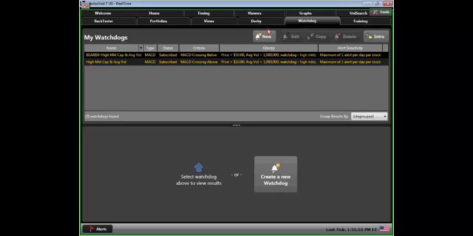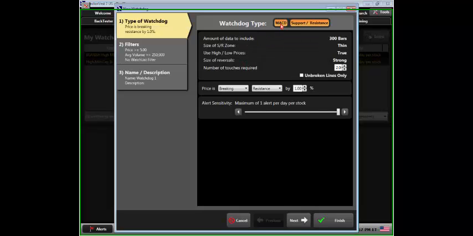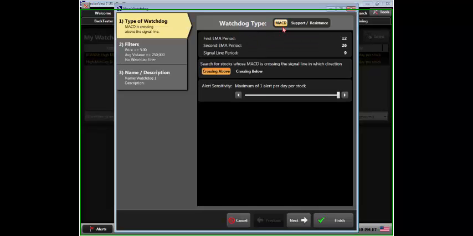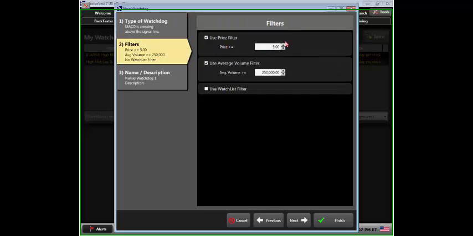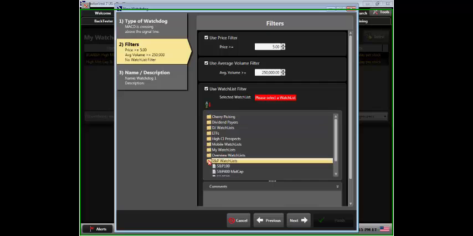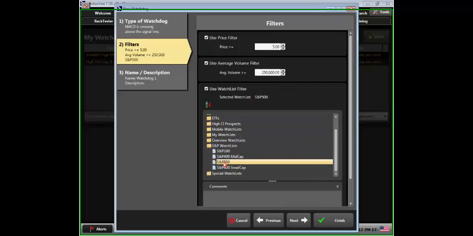So let's just set one up. I'm going to hit New. I like MACD, so I'm going to do a MACD. I'm going to look for crossing above, so the histogram turning positive. And we've got some pre-built filters, so I want to make sure the price is over $5 and it's got a bunch of volume. And you can modify this if you want. You can even set it up so that it only looks at stocks in the S&P 500, or you could just look at all the stocks.